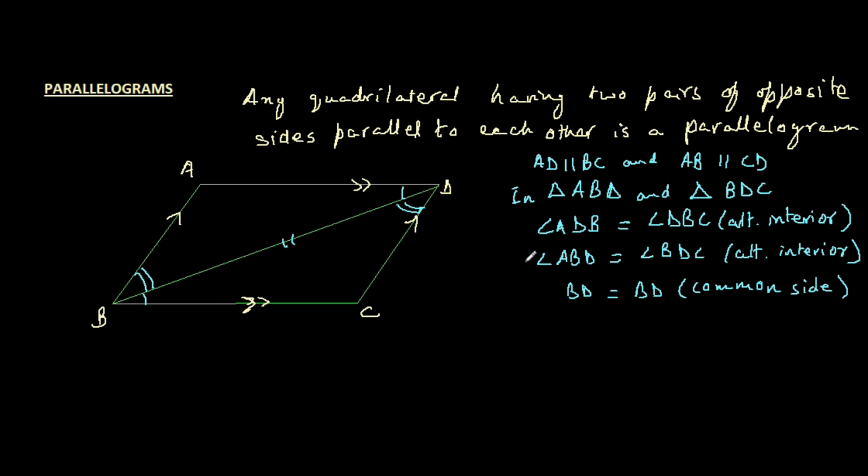We have got an angle here, we have got an angle here, and we have got a side here. This angle is equal to this angle, and this angle is equal to this angle, and we have got the side. So angle, side, angle. So we can say by the ASA congruence condition, and you can see that this is the included side congruence rule.